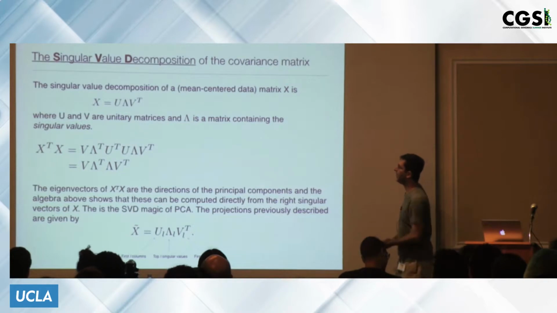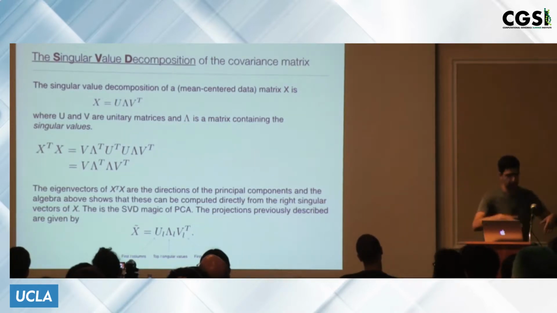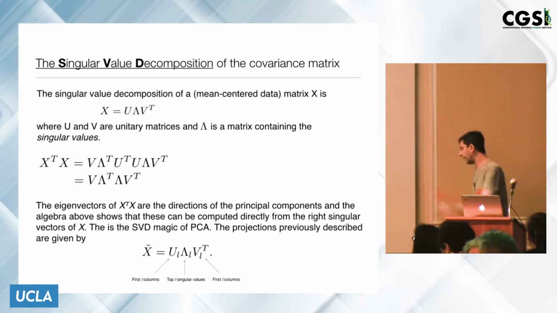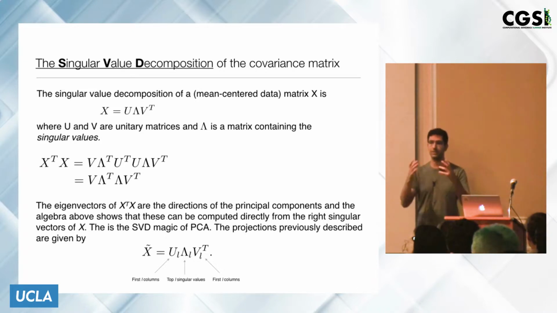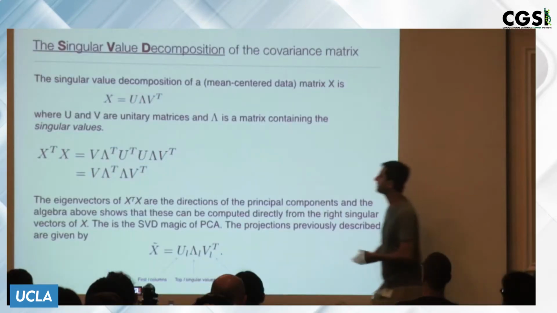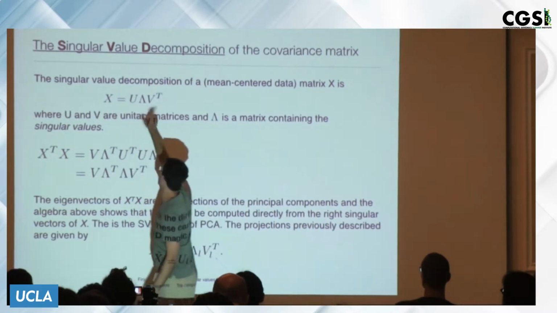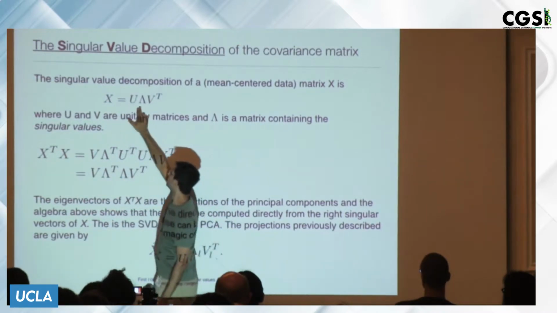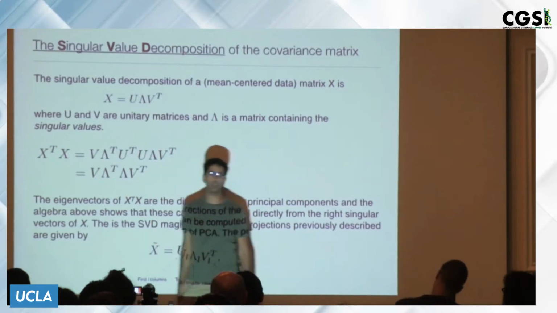So I thought I'd show you the math, because it turns out that if you type prcomp, there's a function in R, or in Python, all these things, you run a procedure in linear algebra called singular value decomposition. Singular value decomposition is a decomposition of your data matrix into a unitary matrix, a matrix of what's called singular values, and another unitary matrix.